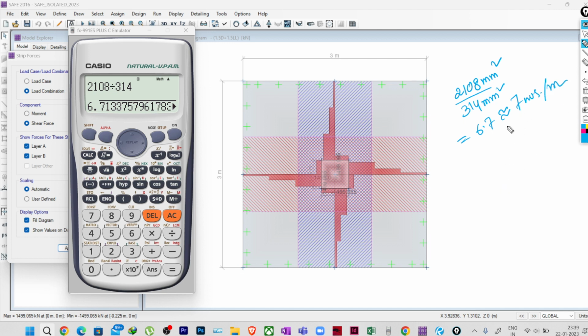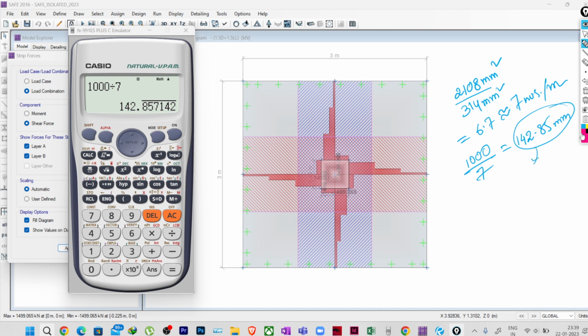Okay. So now if we calculate 1000 mm divided by 7, what will be the spacing required? So 1000 divided by 7 is around 142.85 mm, and we never provide this kind of spacing.